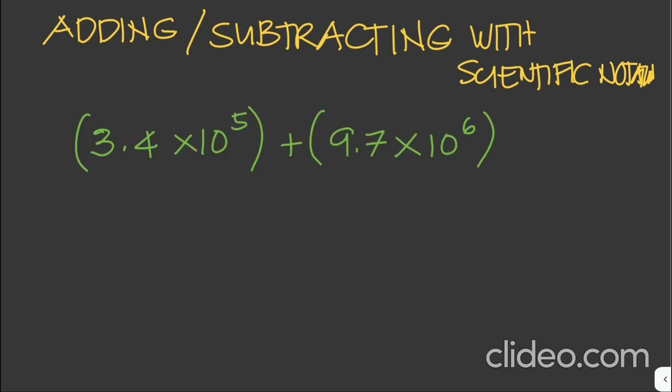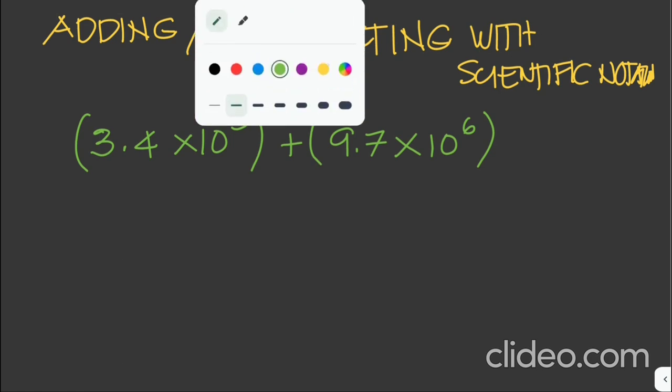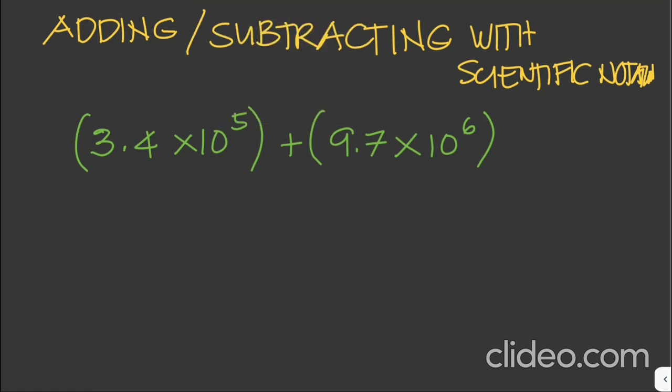Just take note that before adding or subtracting, we need to transform all the powers of 10 to be the same. Say for example, we're given this problem here, 3.4 times 10 to the 5th plus 9.7 times 10 to the 6th. Have you noticed that the two numbers have different exponents? The one is 5 and the other one is 6.